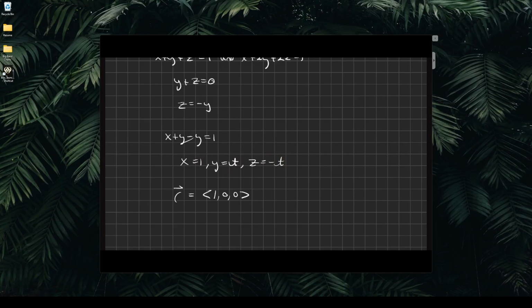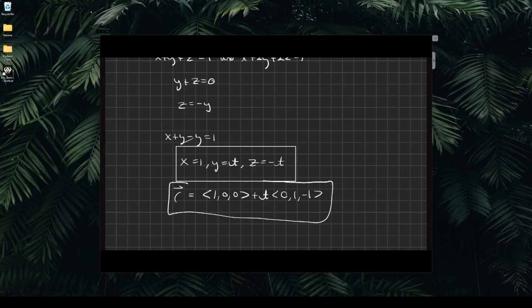So we'd have 1, 0, 0 plus t times 0. And then we're just looking at the sign of these. So we'd have 1 and -1. Okay. So these are sort of two things we can consider.